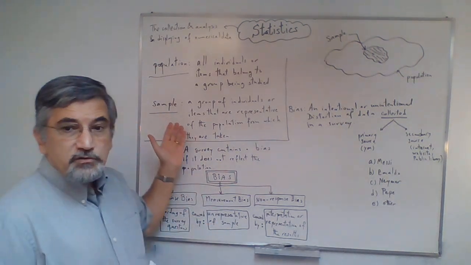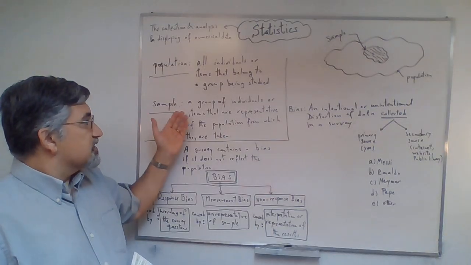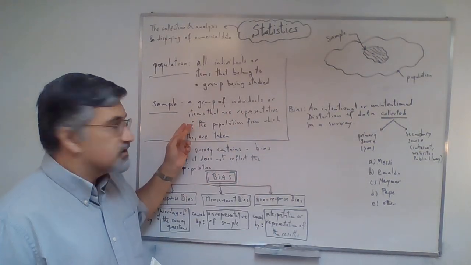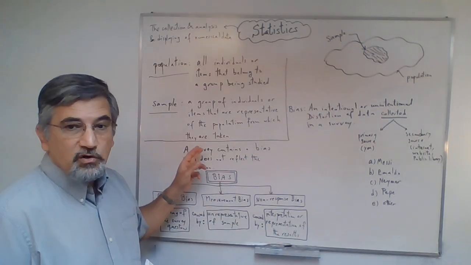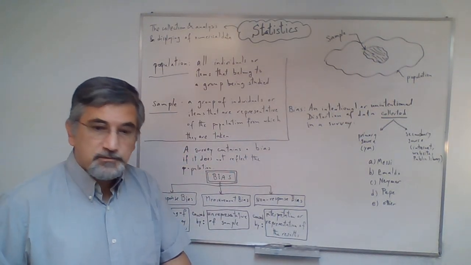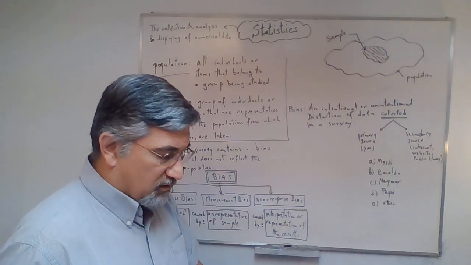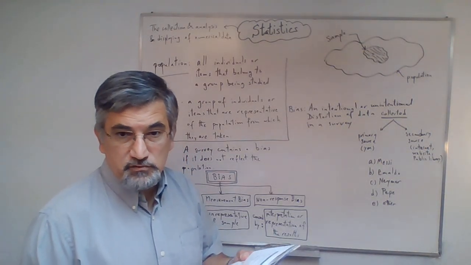And the other word we need to know is sample. That is a group of individuals or items that are representative of the population from which they are taken. So in many situations, it is not practical or possible to survey an entire population, right?